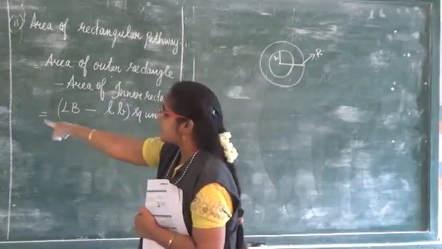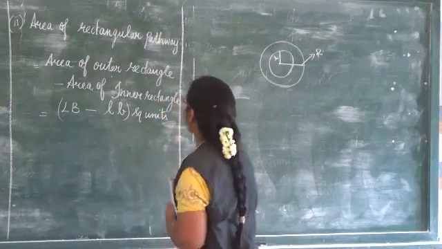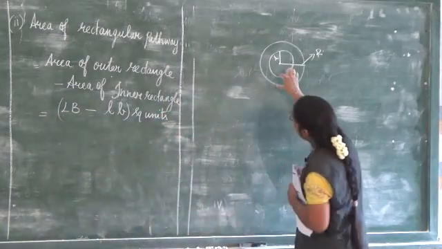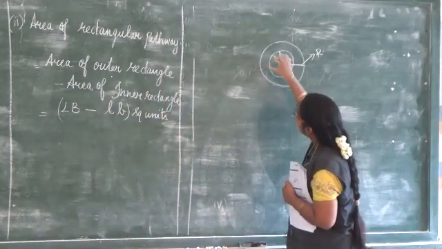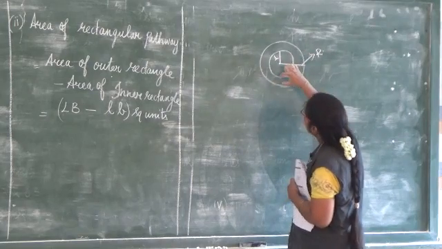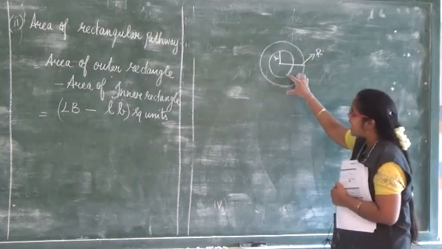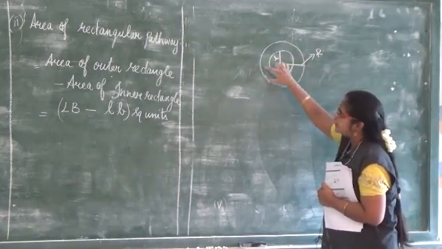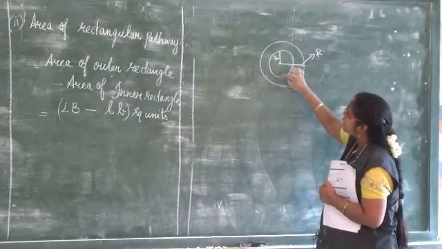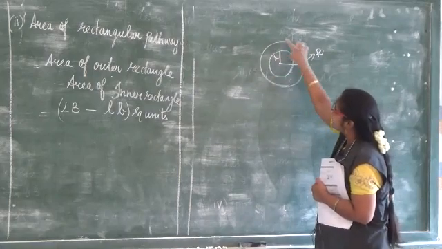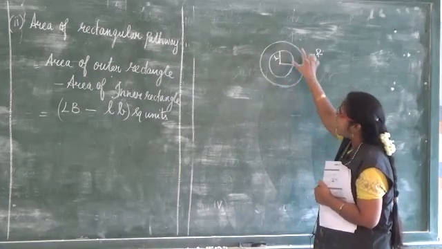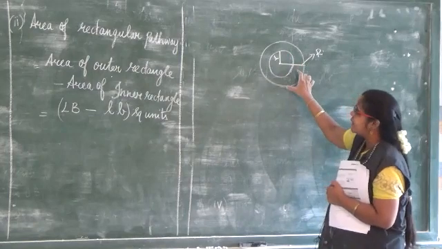Area of the outer circle is pi R square. So we are going to find the area of the circular pathway. This is the pathway. If you have seen in the parks, there will be a circular pathway like that. The inner circle will be there, the outer circle will be there, and here the lawn will be there, with grass.